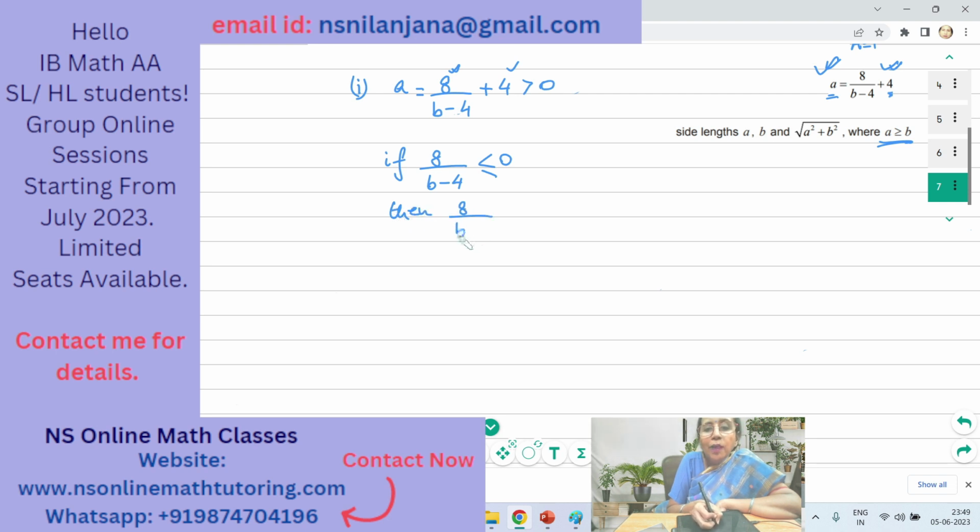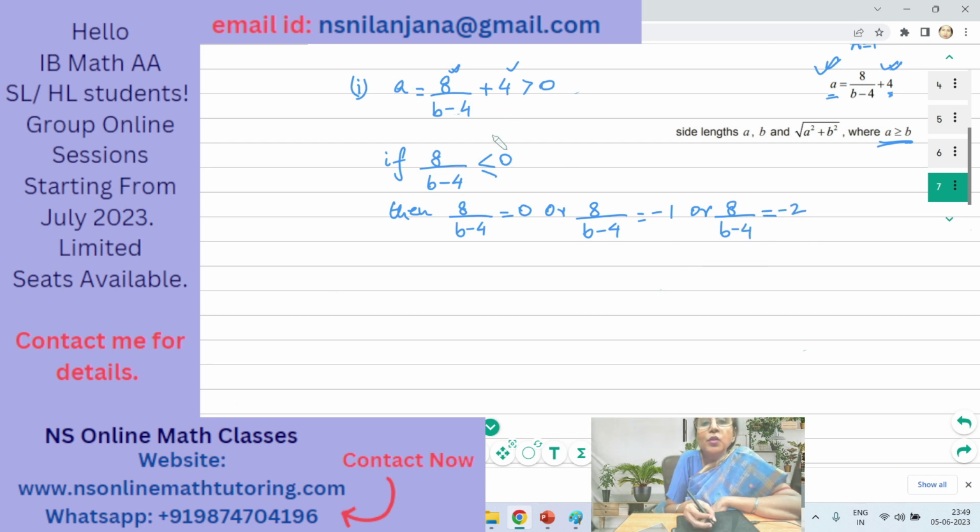8 over (B minus 4) can be equal to 0, or 8 over (B minus 4) can be equal to negative 1, because 4 minus 1 will be 3. Again, A equal to 3, a positive number, can be taken. Or 8 over (B minus 4) is equal to negative 2.